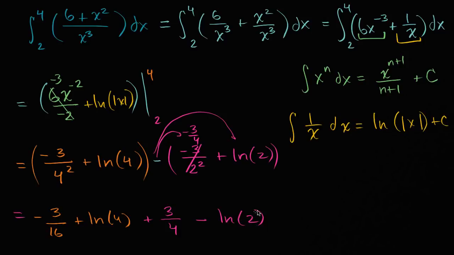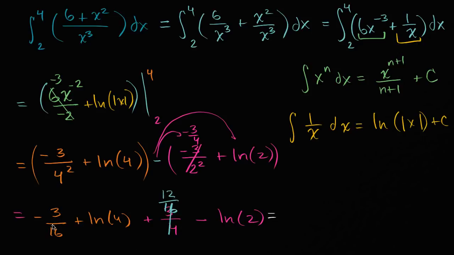All right, so this is going to be equal to, and I'm now going to switch to a neutral color. So let's add these two terms that don't involve the natural log. If we have a common denominator, 3 over 4 is the same thing as, if we multiply the numerator and denominator by 4, 12 over 16.